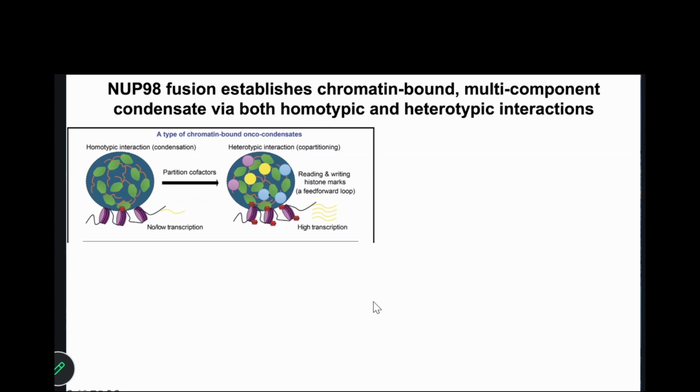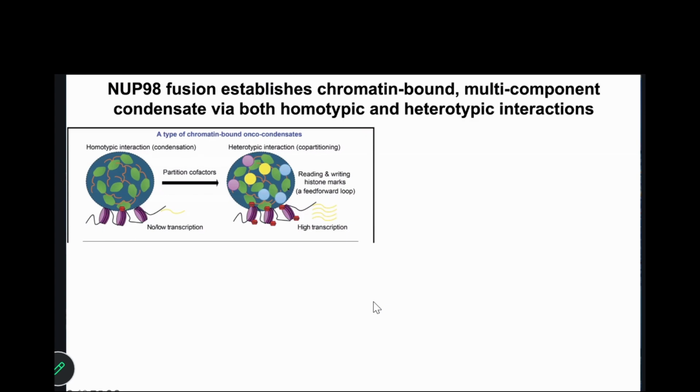There is another type of interaction, the heterotypic interaction, essentially between FG repeats and a coactivator. This interaction can induce the recruitment or co-partitioning of the coactivator into the puncta. And because a lot of the fusion partners of NUP98 are DNA binding proteins or histone modification binding proteins, that's the reason we see these puncta associated with chromatin.